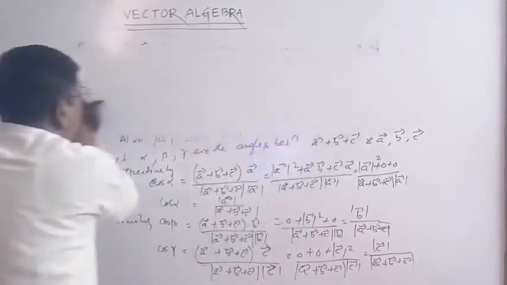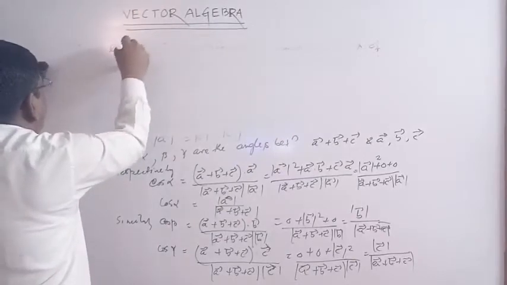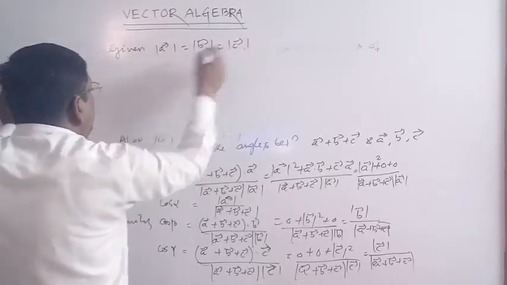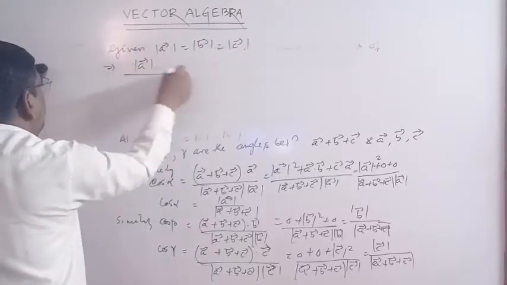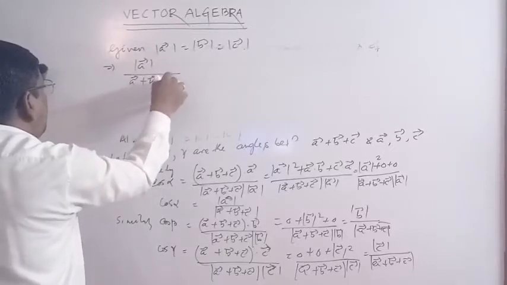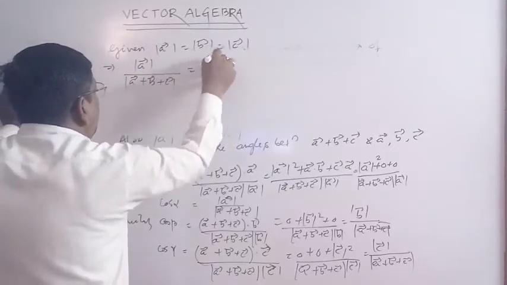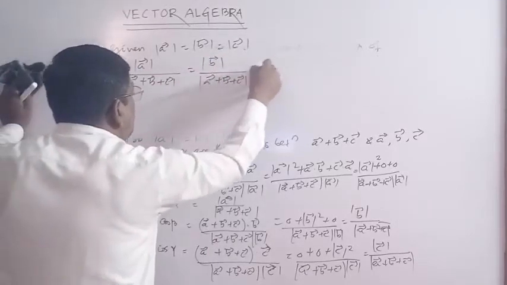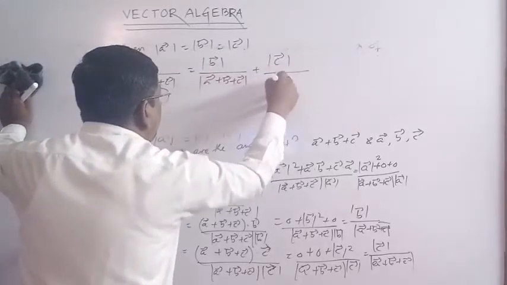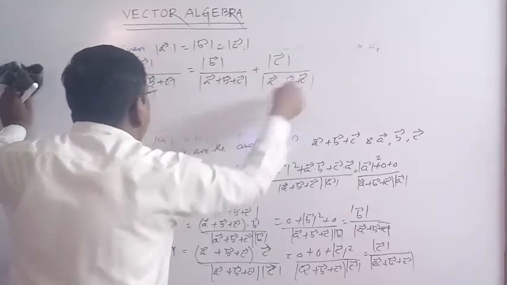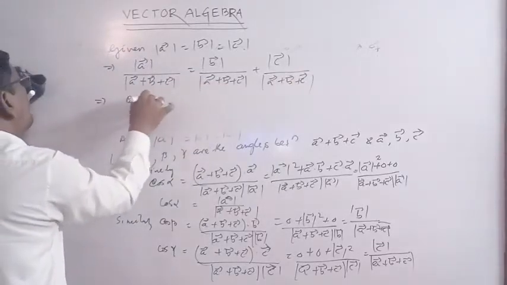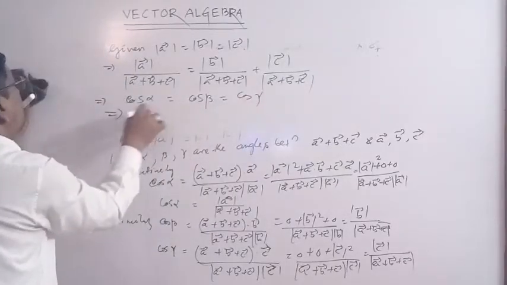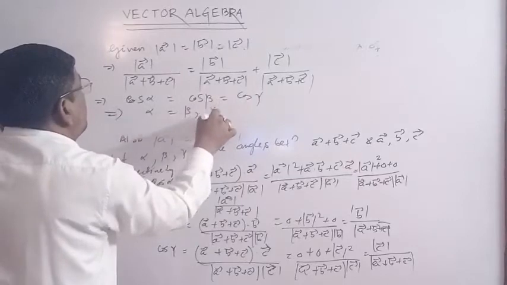Since magnitude of A is equal to magnitude of B is equal to magnitude of C, that implies magnitude of A divided by magnitude of A plus B plus C, magnitude of B divided by magnitude of A plus B plus C, and magnitude of C divided by magnitude of A plus B plus C are equal. So cos alpha is equal to cos beta is equal to cos gamma, that implies alpha is equal to beta is equal to gamma.